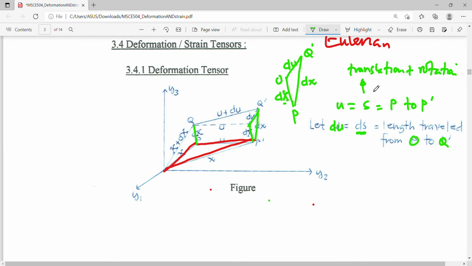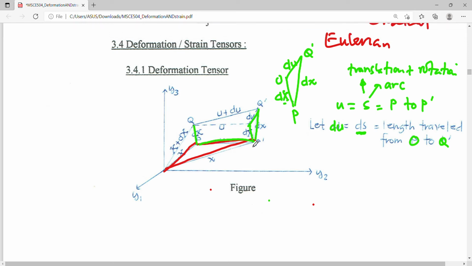So this is actually an arc travel. It's not a straight line, okay? So this could travel in an arc there. So as true with your differential u here, it can travel in terms of a very small arc. And since we are talking of very small deformations, then these two here are assumed to be equivalent.